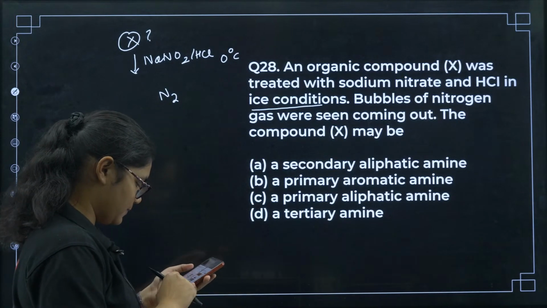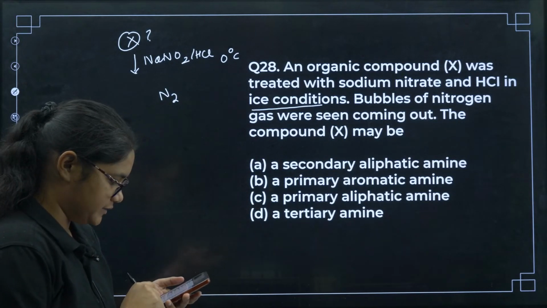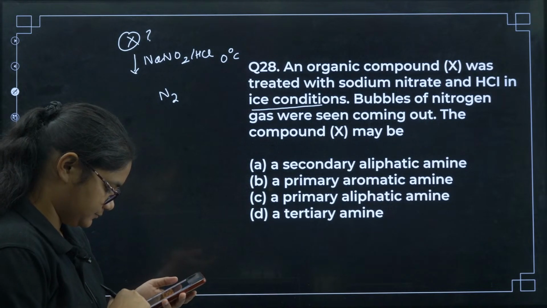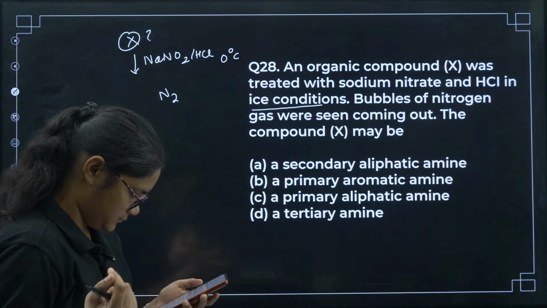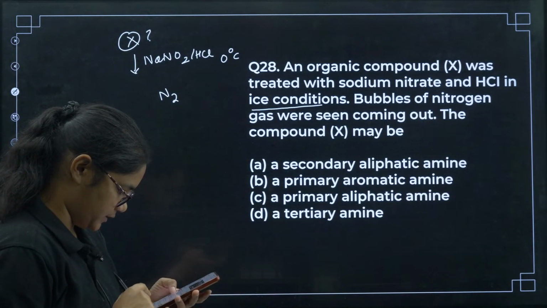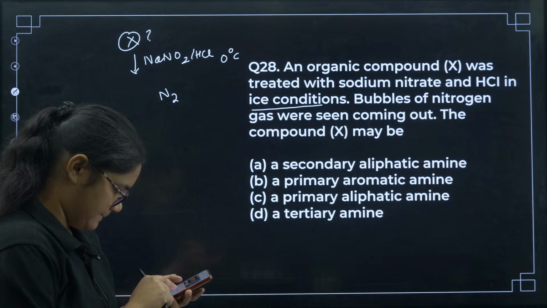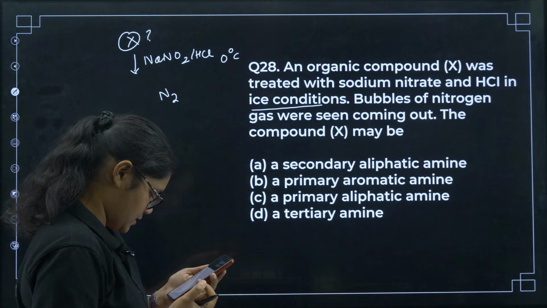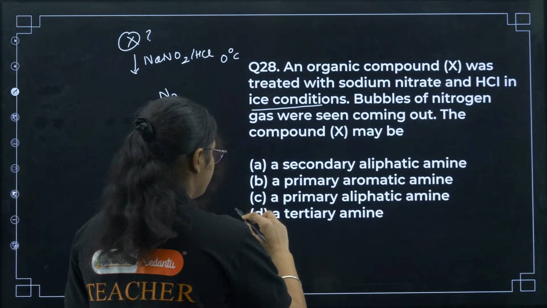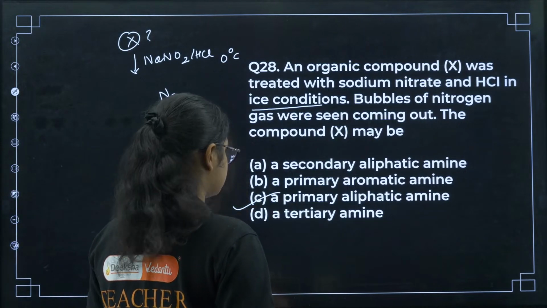Yes, anyone? Very easy question. Just a minute. No, 28B is the wrong answer, C is the correct answer.